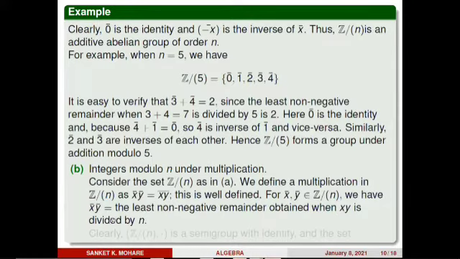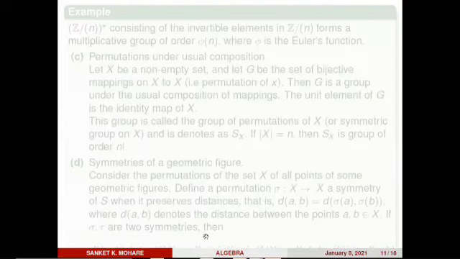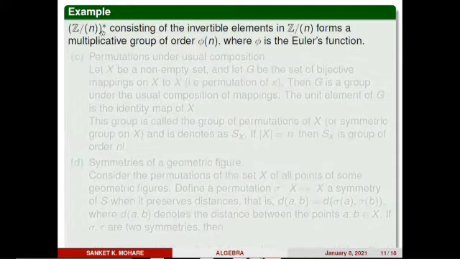So clearly Zn is a semigroup with identity. Multiplication satisfies associativity. Also there exists an identity element, which is 1. And the set Zn star contains those elements in the set Zn which have an inverse.